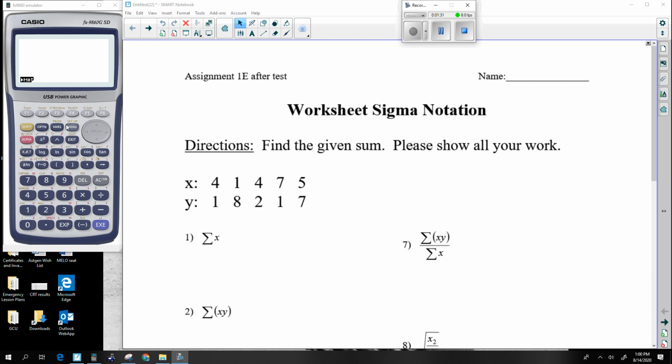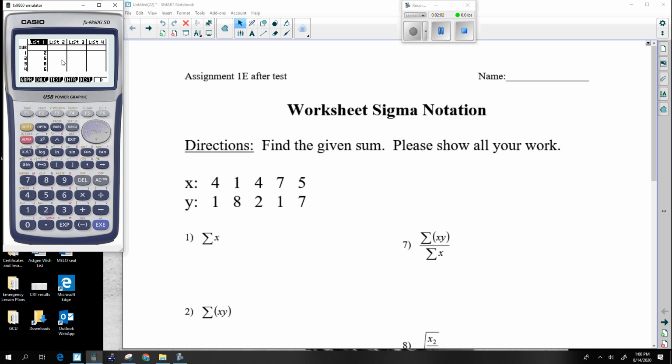What we want to do is go to the menu, and that brings up a screen that looks like this. Your calculator might be a little bit different than mine, but it's still relatively the same. I want to go over to this second screen, the stats screen. So we are going to enter the stats. Now, in your calculator, there may be numbers from a previous user in a list right now.